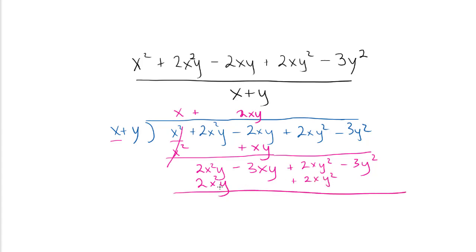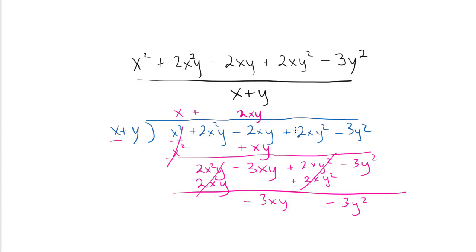Fortunately, when I subtract that second row from the first, that cancels nicely, just leaving me minus 3xy. The minus 3y squared drops down. And my last, hopefully last step, will be what do I multiply my x by to match up to my minus 3xy?